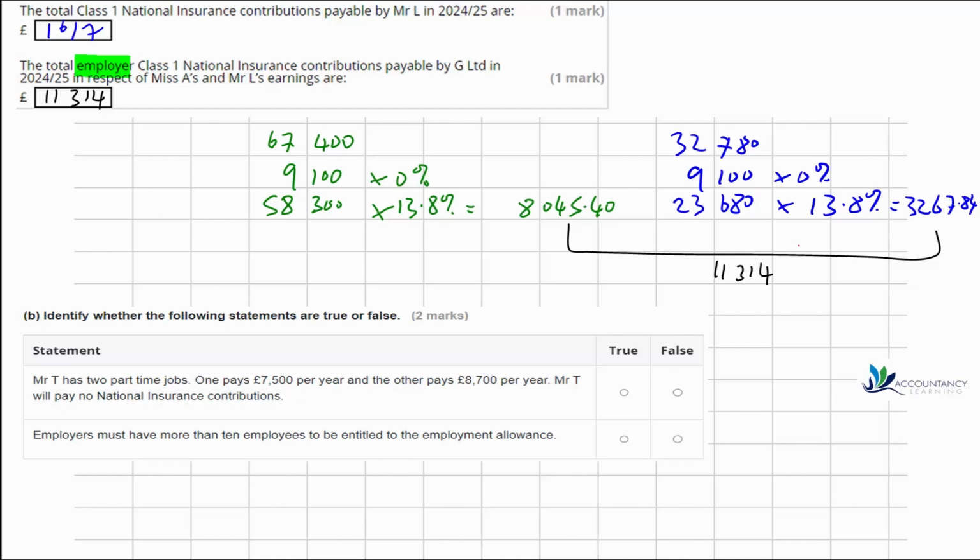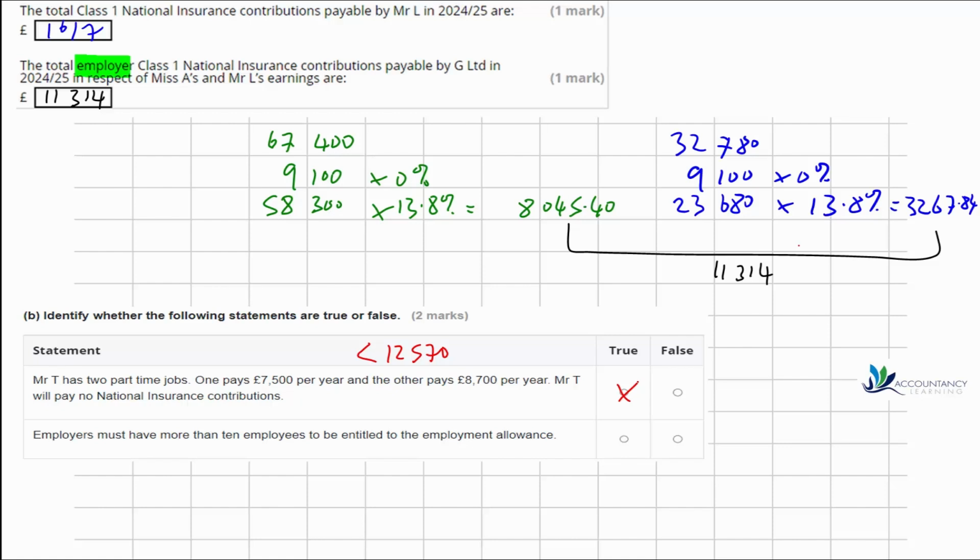Both of those figures, those two employments, are less than the 12,570. So he won't pay any national insurance for the first job and won't pay any for the second job. So yes, that is true. There will be no national insurance to pay, and we treat each job separately.